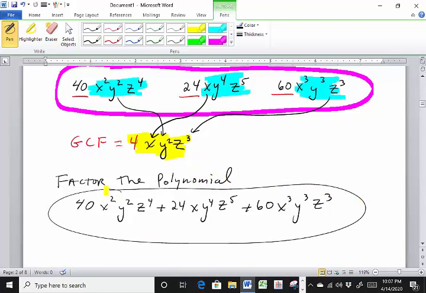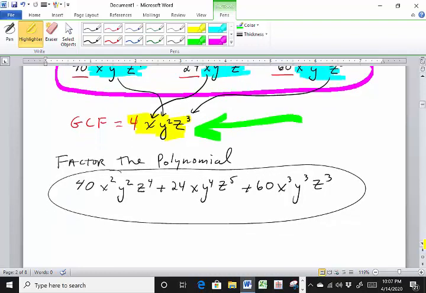All right, so to factor this, the first thing in factoring is you always want to take out your greatest common factor. That's why it's so important to know how to get the greatest common factor. So we've already done that. This right here is the greatest common factor for 40x squared y squared z to the fourth, 24x y to the fourth z to the fifth, and 60x cubed y cubed z cubed. Okay.